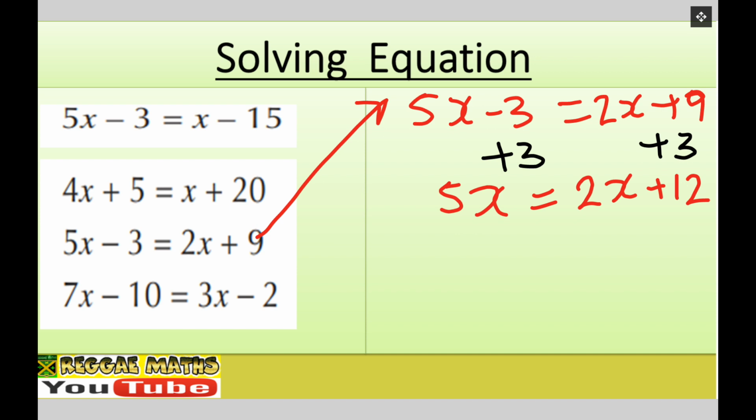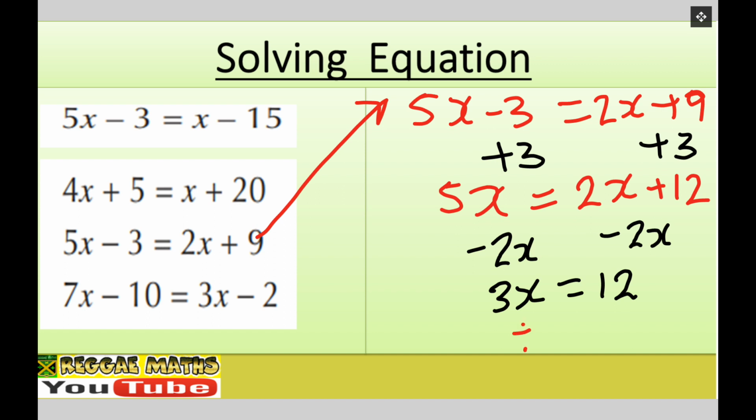Then the next stage here, what I'm going to do is minus 2x from both sides, so I end up with 3x equals to 12. Next step, divide by 3. So I end up with x equals to 4.